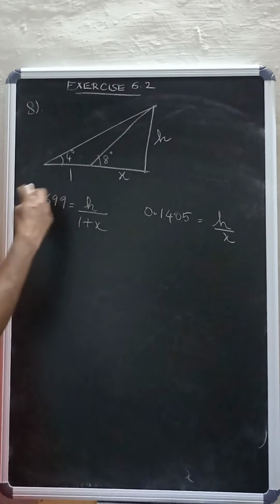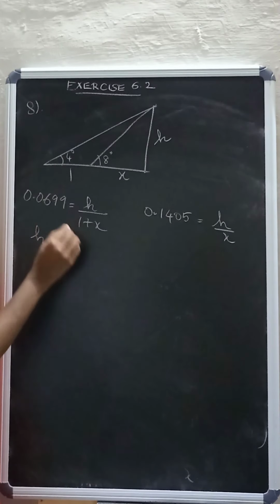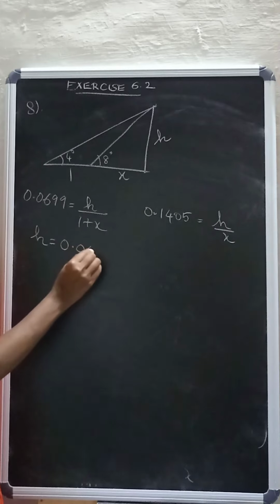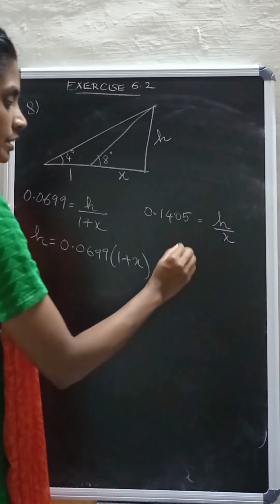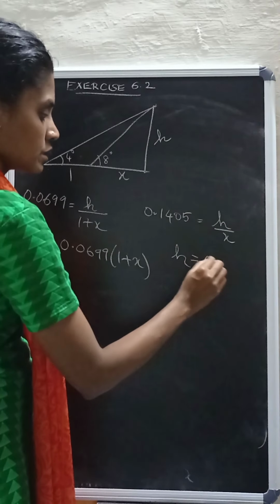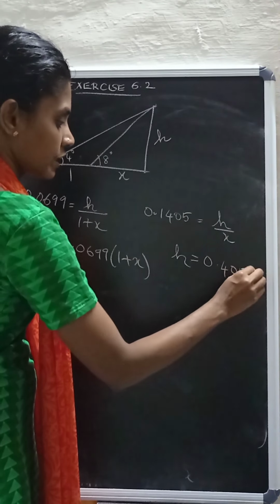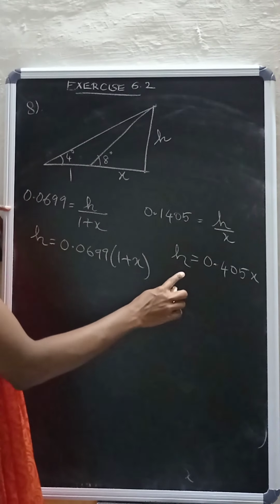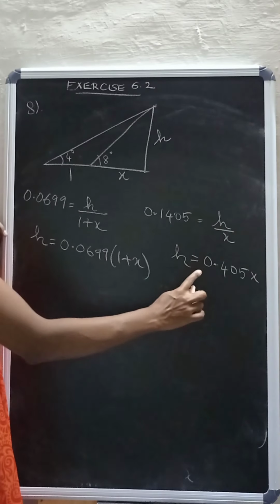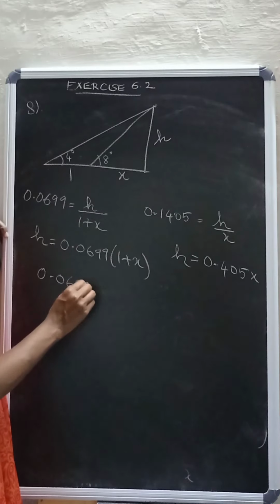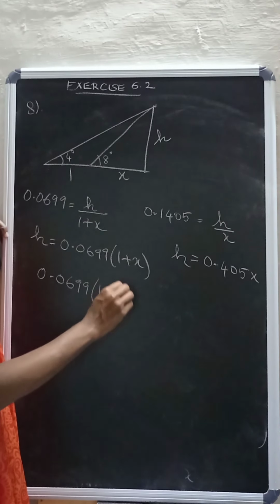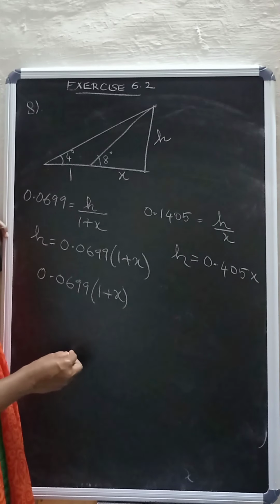We will find h and equate it. Here h is equal to 0.0699 into 1 plus x. Here h is equal to 0.1405 into x. Now here also you have h and here also h, so we will equate these two things. 0.0699 into 1 plus x.